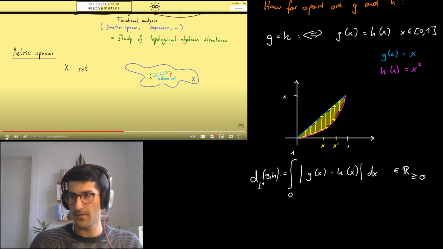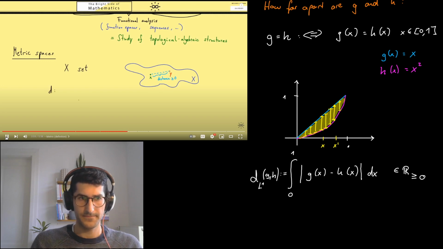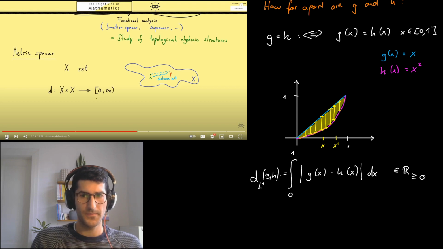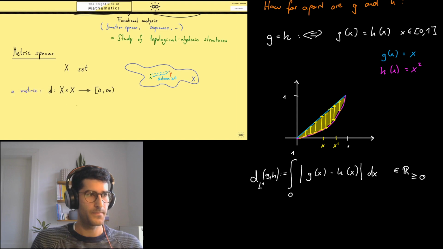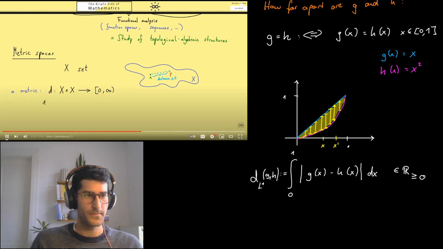In order to formalize that, we have to write down a map. This map is called a metric and it measures distances. Now it gets 2 points, so it lives on the Cartesian product of X with X. And it maps into the non-negative real numbers, so 0 to infinity, where 0 is included. Now, such a map we call a metric if it fulfills 3 properties. And the first one we already know.